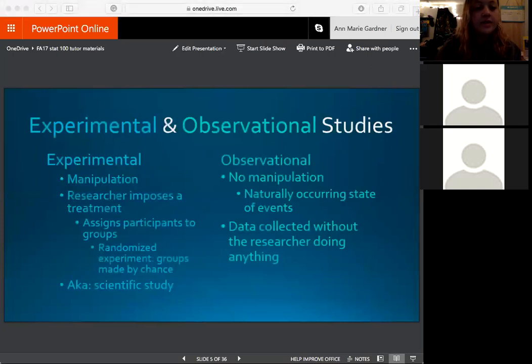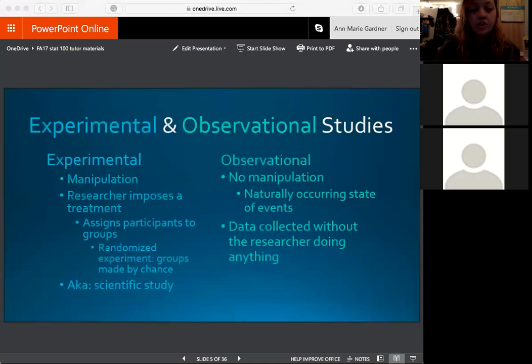Okay, and so experimental and observational studies. These are just different types of studies, and they depend on whether we're going to be affecting the participants or not. For experimental studies, like I talked about before, we're going to have some sort of treatment on the different participants or variables.